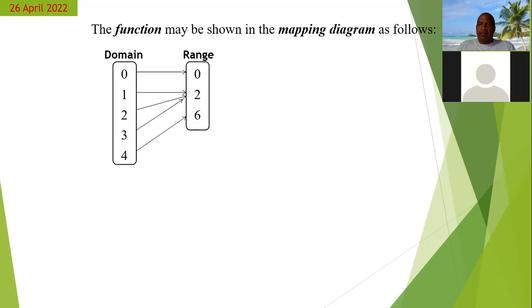Sure. It says that each domain do what? Each element in the domain, each X value in the domain maps onto only one Y value in the range. That's what it is saying. So I'm saying, looking at this mapping, would we classify that as a function?